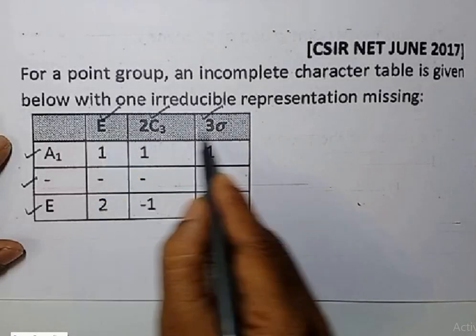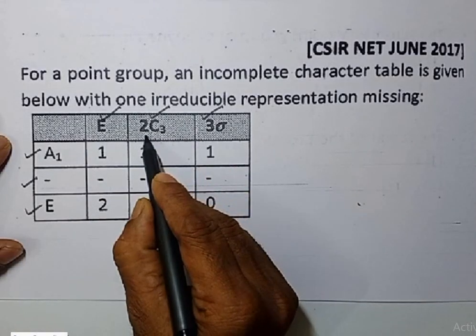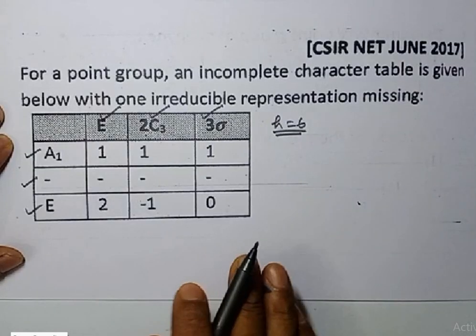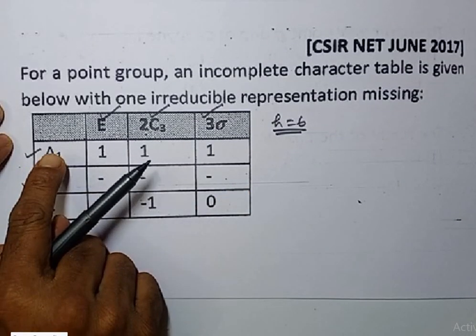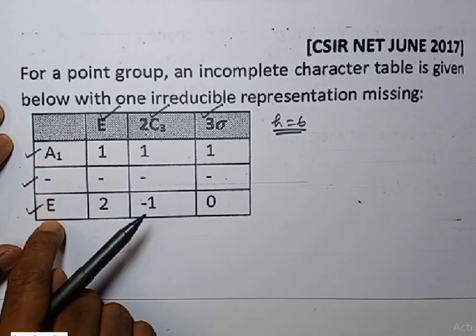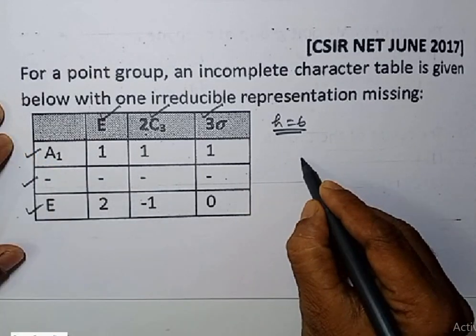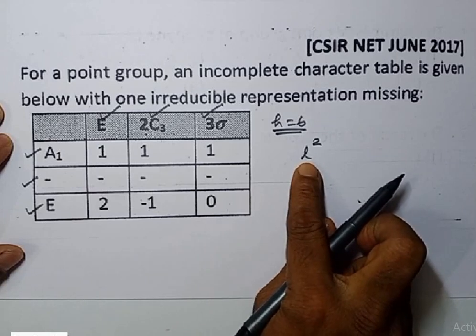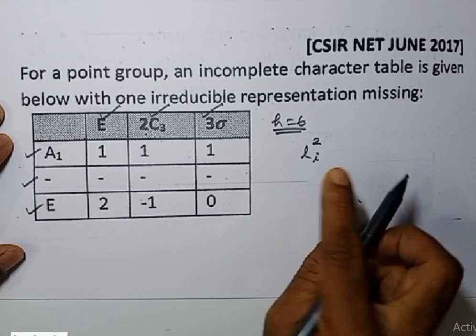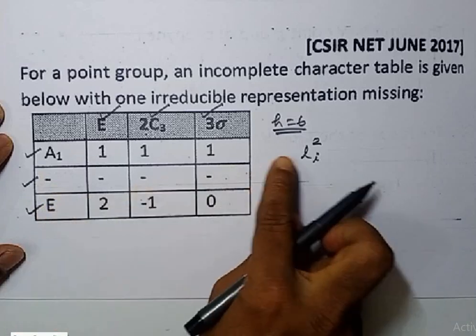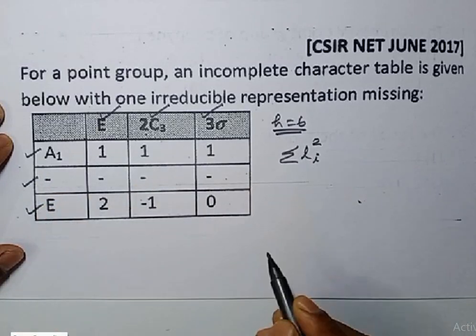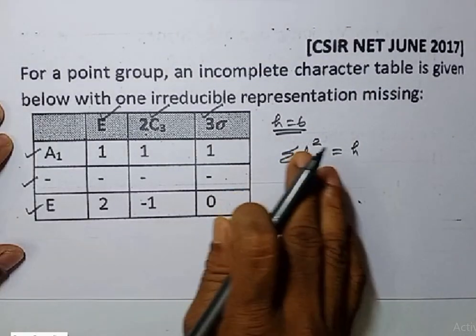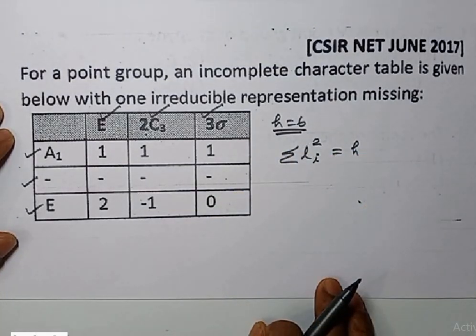Then what is the order of this group? 3 plus 2, 5, 5 plus 1, 6. So the order of the group is 6. Remember, take the squares of the dimensions of each irreducible representation, l is the symbol we use for dimension, and sum it up. The value should be equal to the order of the group.